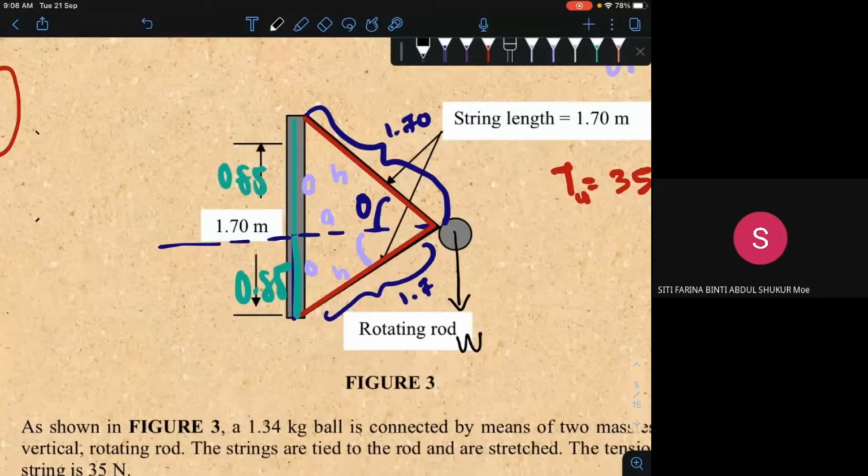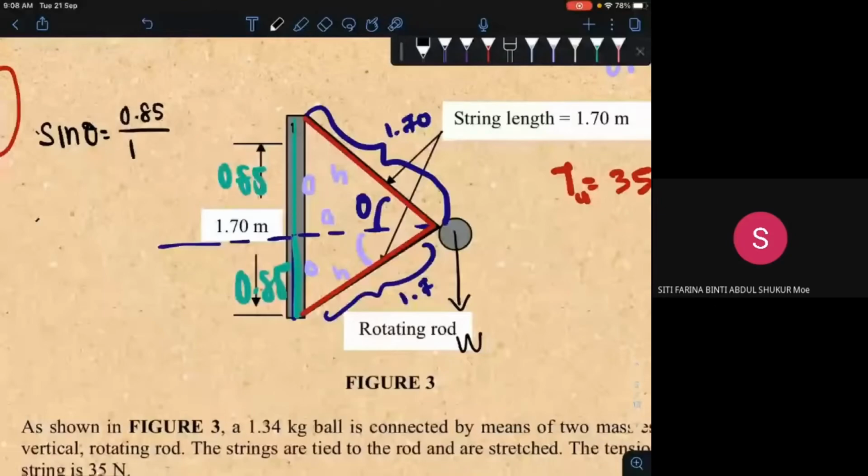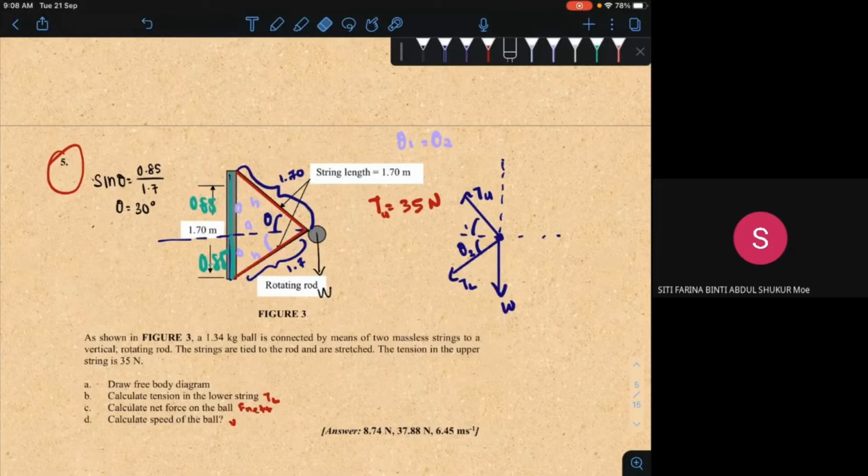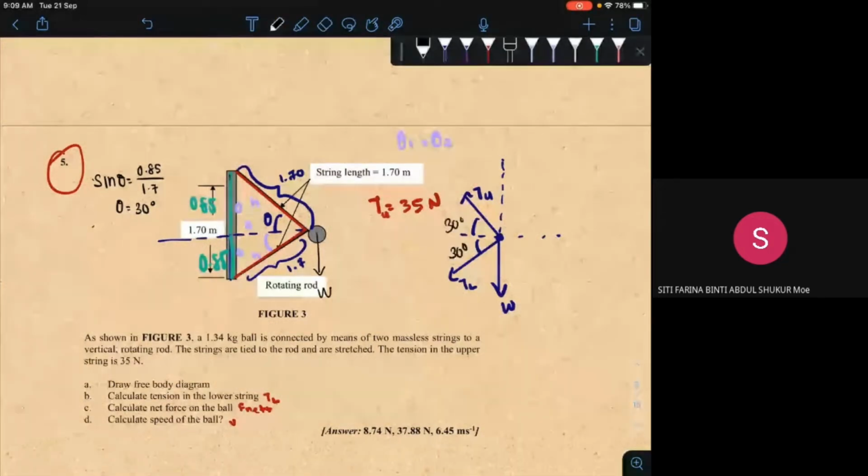Theta sama dengan sin inverse, opposite kamu adalah 0.85, hypotenuse kamu adalah 1.7. So kamu tekanlah calculator, shift sin, you should get 30 degree dekat sini. Bawah pun sama. So your theta is 30 degree. This is 30 degree. This is also 30 degree, sebab mereka punya opposite dengan hypotenuse panjang yang sama.